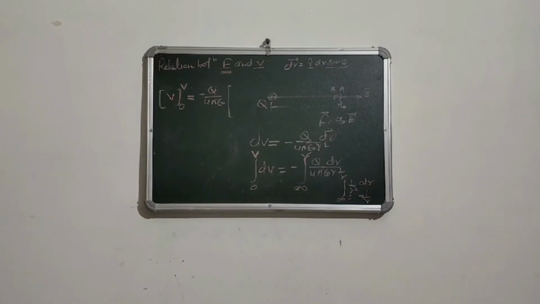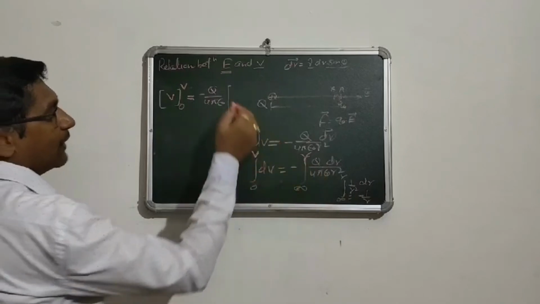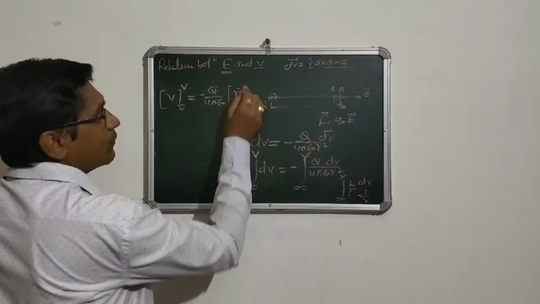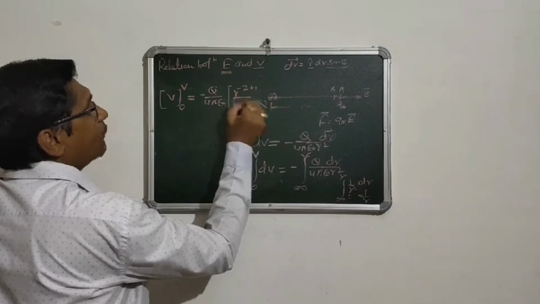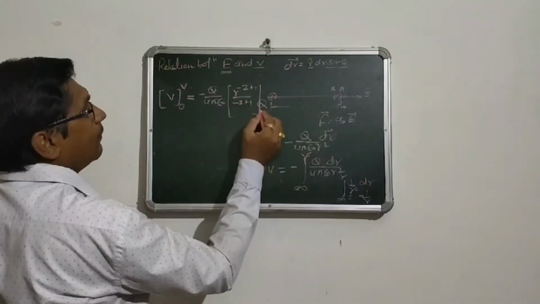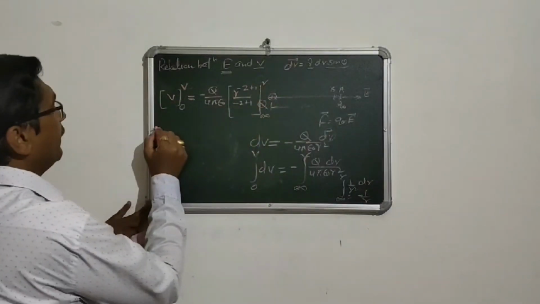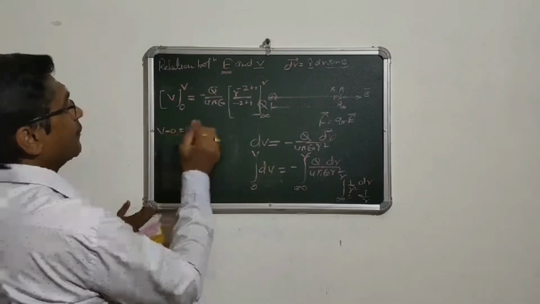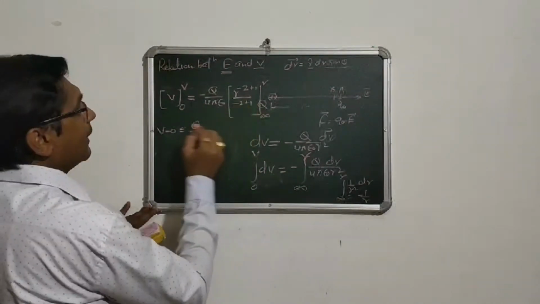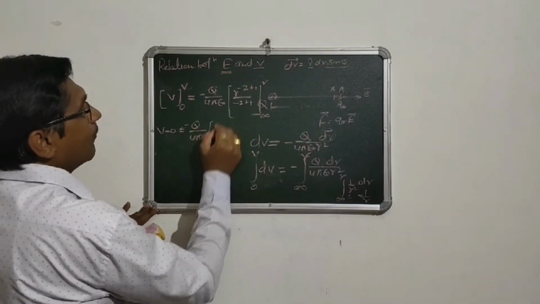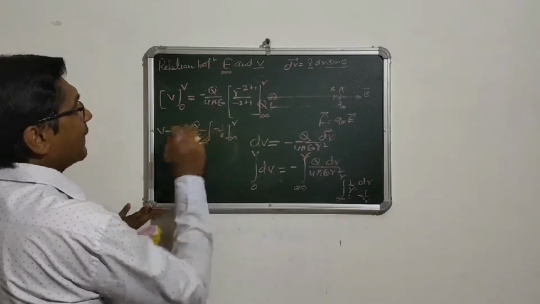How can we find it? By taking integration. So we can solve here: r to the power minus 2 plus 1 upon minus 2 plus 1, from infinity to r. So V minus 0 is equal to minus Q upon 4 pi epsilon naught into minus 1 by r, and minus times minus is plus.